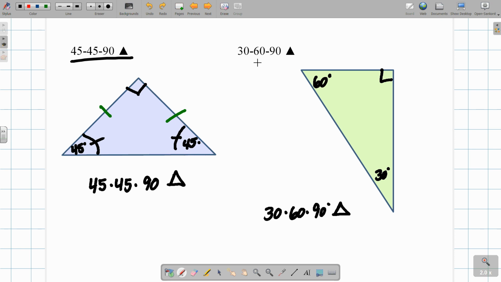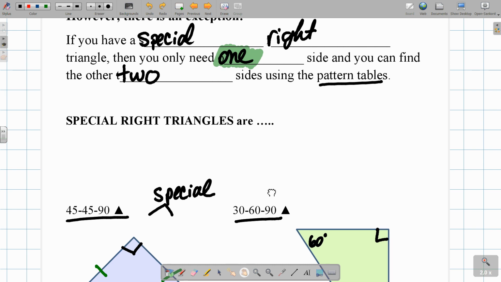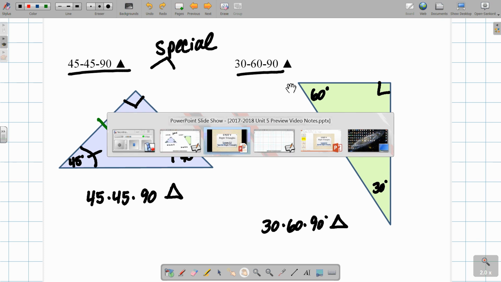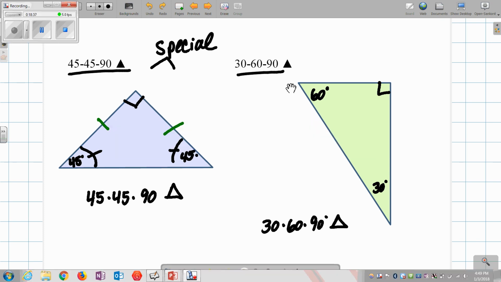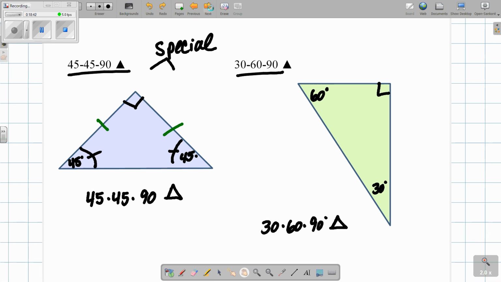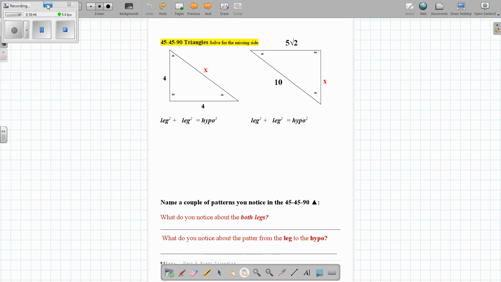Both of these have the title of special because they have special, unique patterns that you can solve using those patterns when you only have one side instead of two. Let's take a look and see what those patterns are.